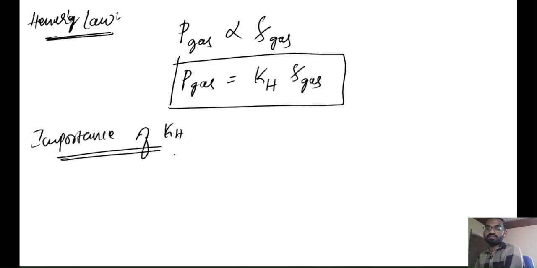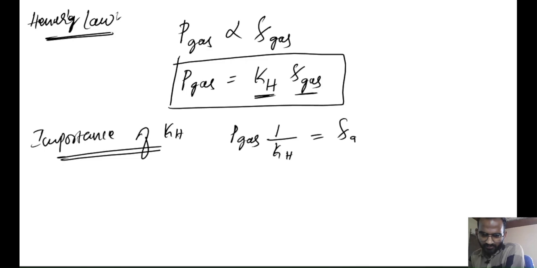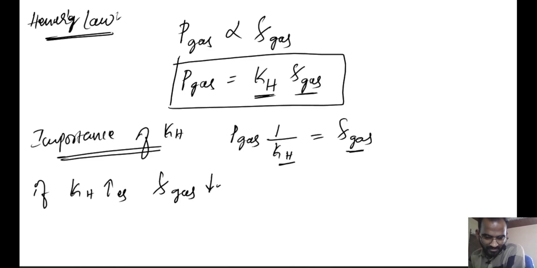The importance of Kh is that, see, what is the relation between Kh and mole fraction of gas? I can write it like this also: partial pressure of gas into 1 by Kh is equal to mole fraction of gas. If Kh increases, mole fraction of gas decreases.